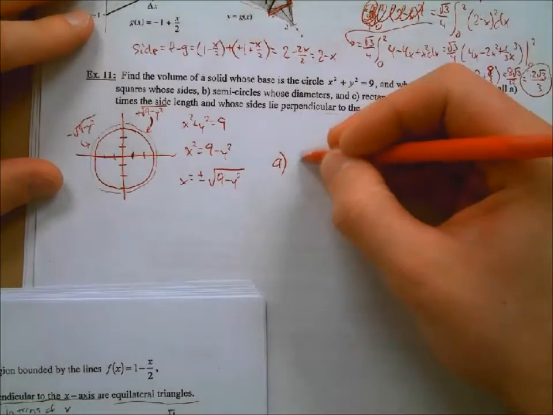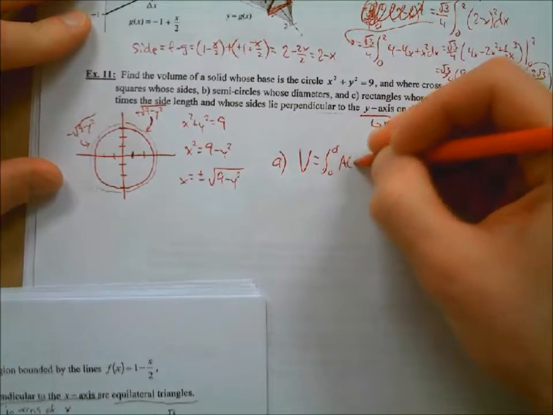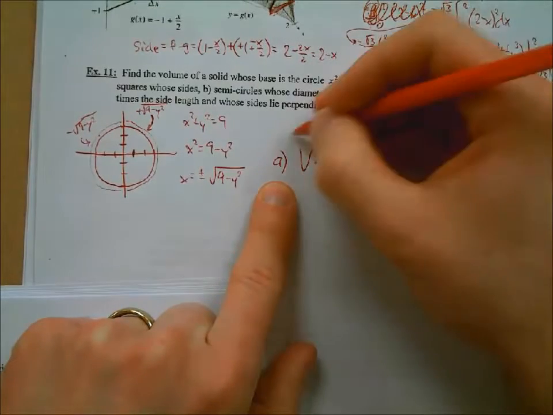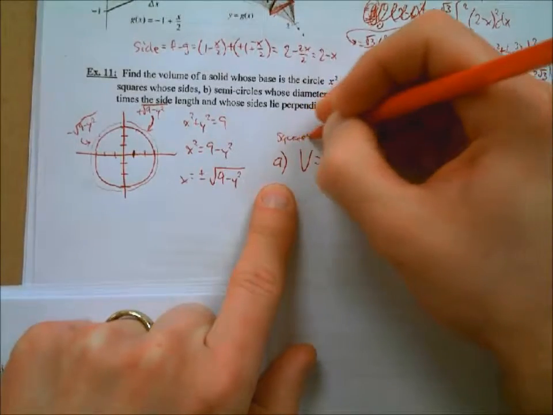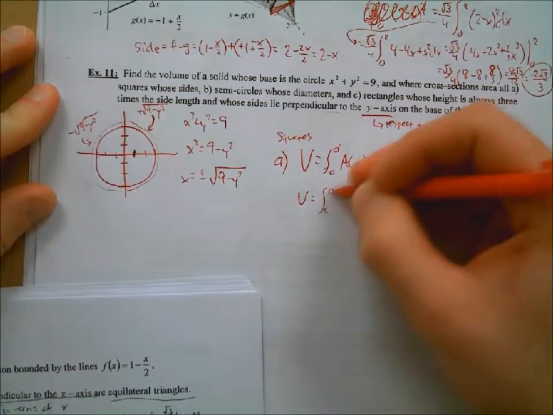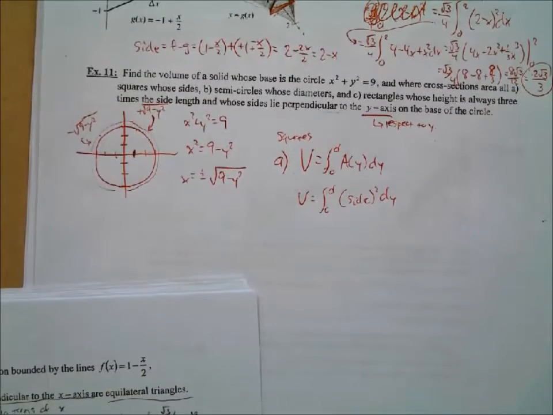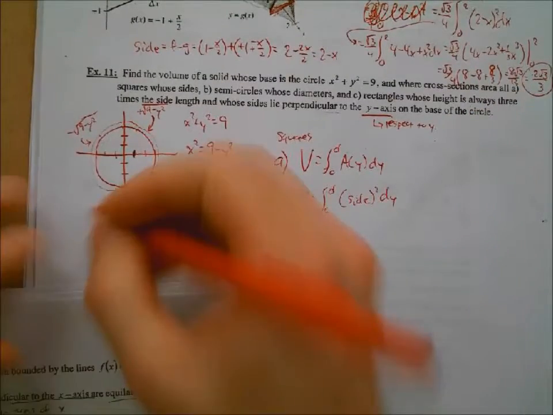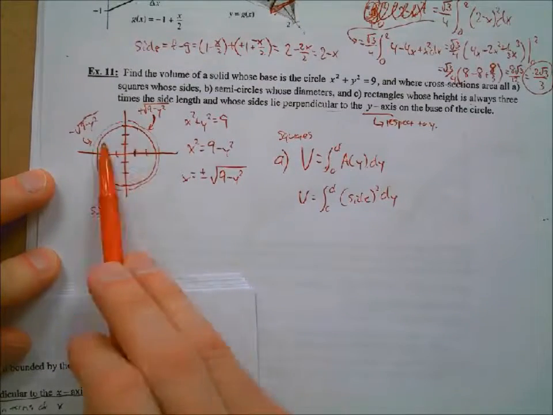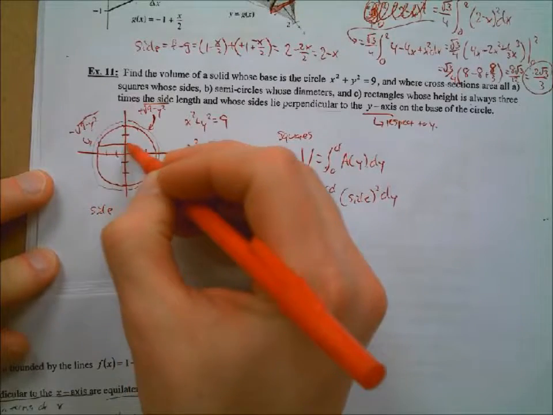So again, volume equals the integral from c to d of area of y with respect to y. And for letter A here, we're doing squares. What is the area formula for a square? Side squared dy. The length of our side is going to go from this curve to this curve, from there to there.